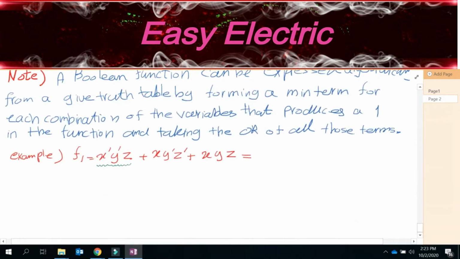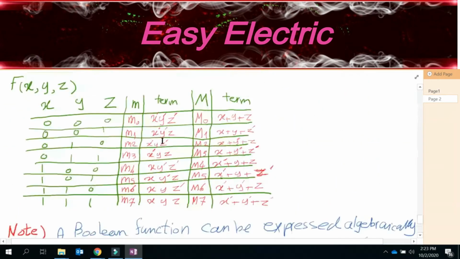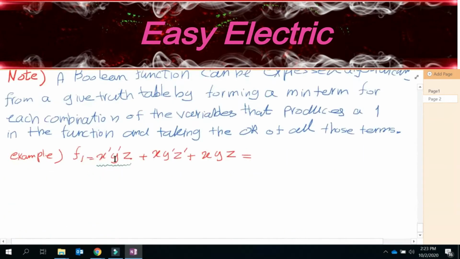Even more simply, you say, okay, this should be a minterm because you apply the AND, right? So the format of the minterm is to apply the AND. How would we tell if it is the minterm or maxterm?